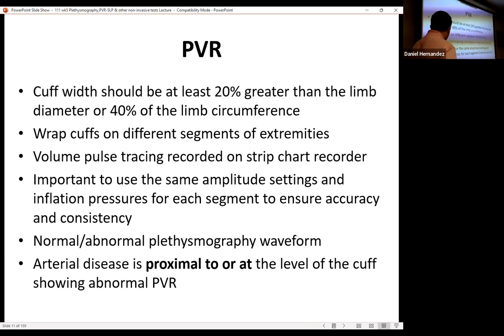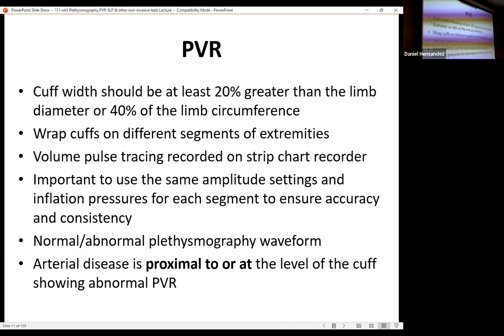And then just remember that arterial disease is going to be proximal to or at the level of a cuff showing the abnormal PVR waveform. It's kind of the same thing as that symptomatic muscle: arterial disease is going to be at or proximal to that symptomatic muscle. So if I'm having thigh pain, the symptomatic vessel can't be something down here.